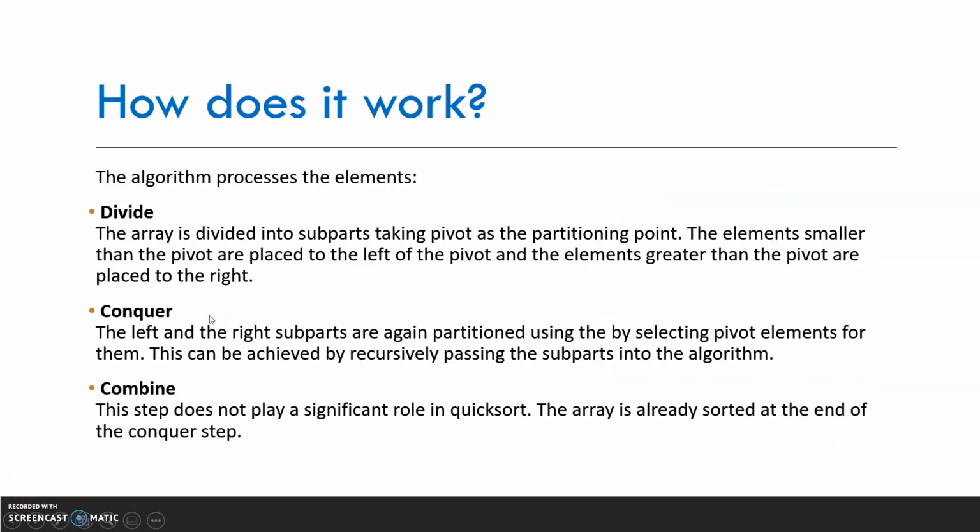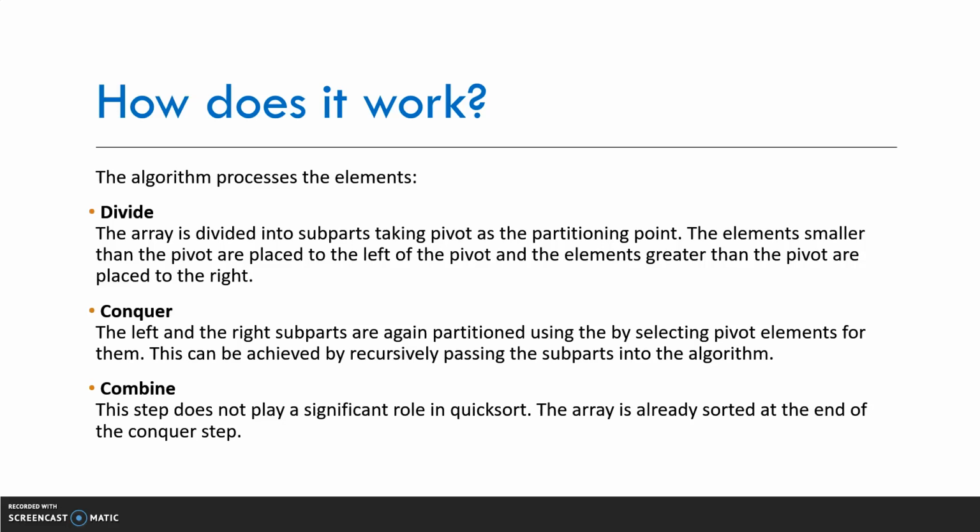Now let's see how this divide and conquer principle works in case of quicksort. For the divide step, the array is divided into subparts taking the pivot as the partitioning point. The elements smaller than the pivot are placed to the left of the pivot, and the elements greater than the pivot are placed to the right.